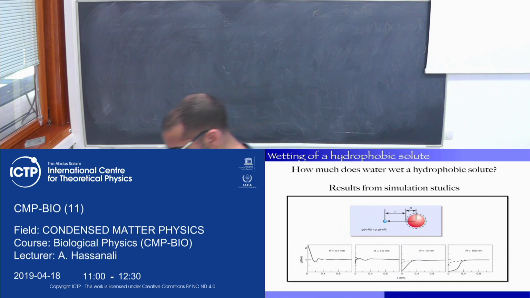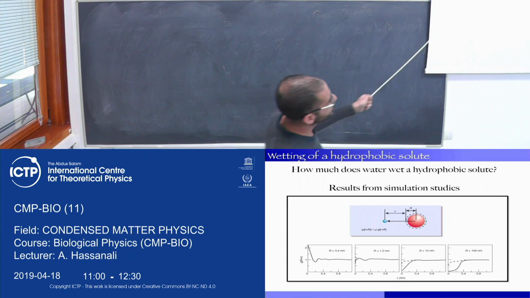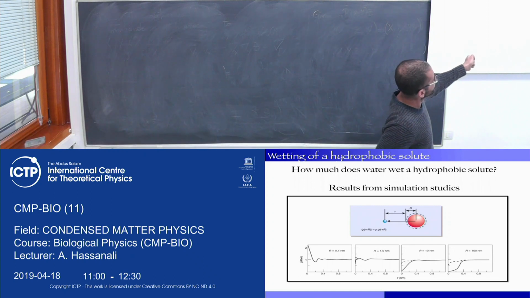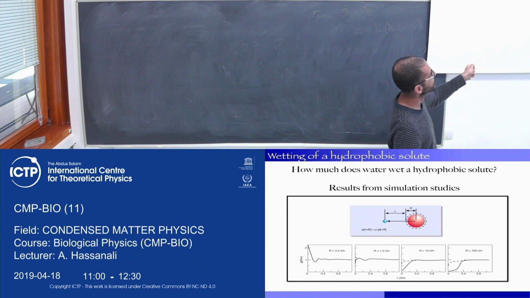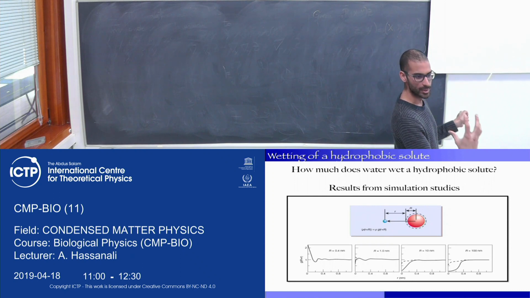Another one that's related to wettability. So, how does a liquid wet a solute? Okay, so let's consider a spherical solute. Let's change its size, so that's capital R, and let's look at the density correlations of water from that solute.